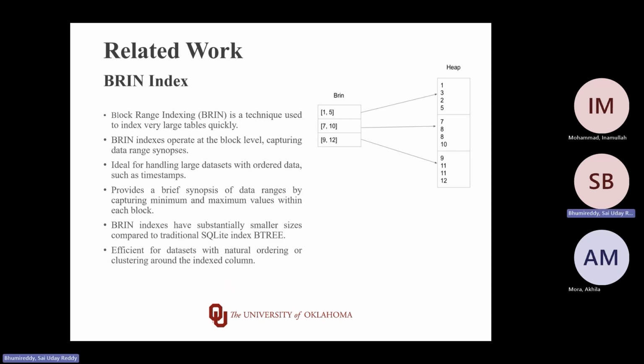As you can see in the image here, these ranges store the references of the blocks from the original data set. This index saves a lot of querying time, and this BRIN index needs smaller storage space compared to the traditional B-tree index in SQLite.